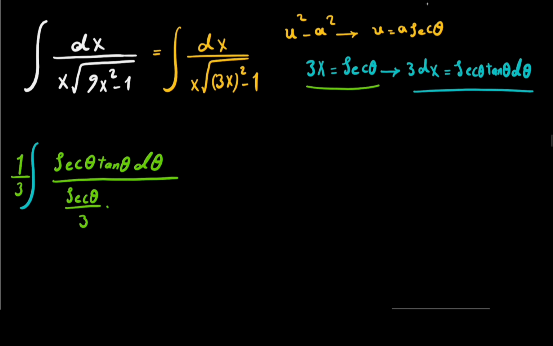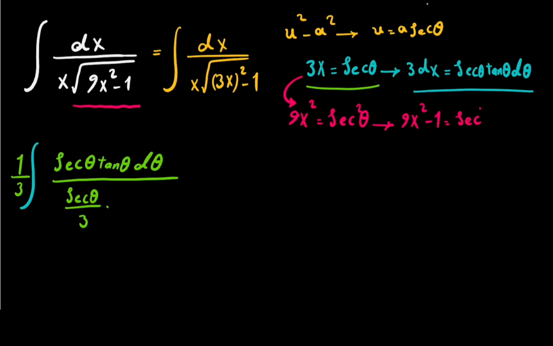Now it's very important to handle this function, I mean the square root of 9x squared minus 1. What can we do? If you use the power, you can write 9x squared equals secant theta squared here. And I want to put minus 1 on both sides, so you can write 9x squared minus 1 equals secant theta squared minus 1.